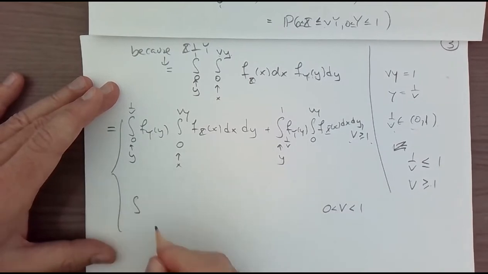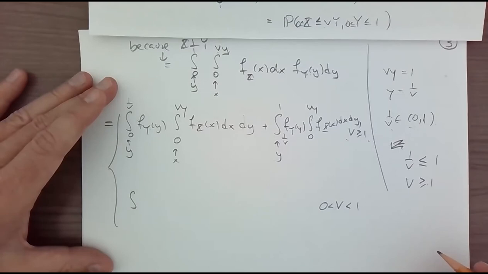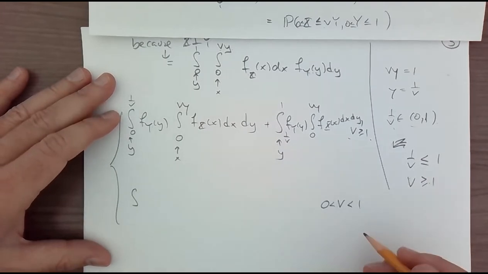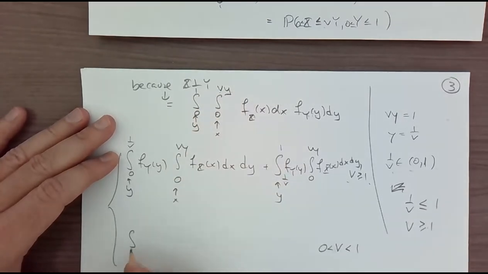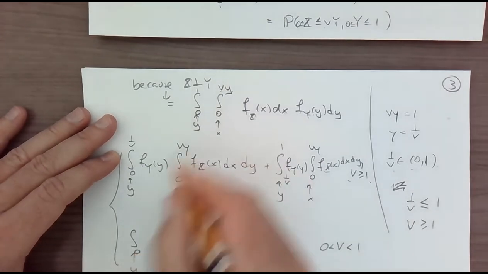And then what happens when v is small? How far out will I integrate? V is small, so I would have to integrate from 0 to 1. Again, this is on my y's. This one here on my x. I'm integrating from 0 to 1.